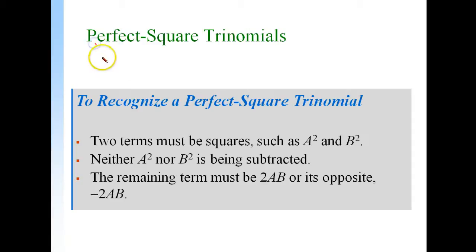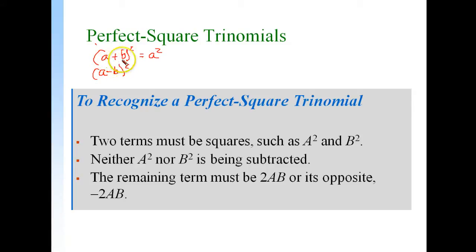We said if we had something like this, a plus b, the quantity squared, or if we had a minus b, the quantity squared, that a special way of multiplying this, or in a sense, it's not really a FOIL, but a special recipe, was to take the first term and square it, multiply these two terms together, and then double it.